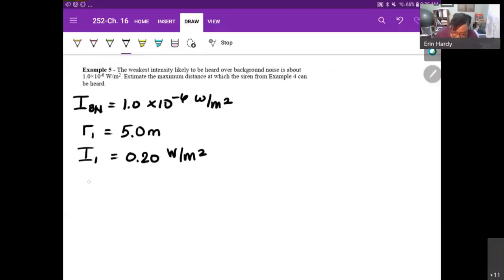So we are trying to determine R2, where R2 as a location is going to match up with the place where the background noise is. It has a specific intensity, so 1.0 times 10 to the minus 6. So in other words, I background noise and I2 are the same value.